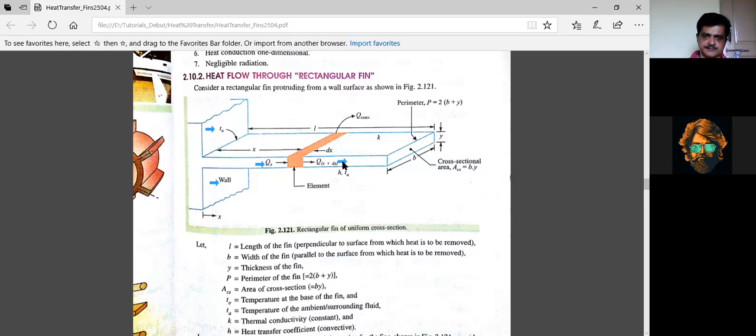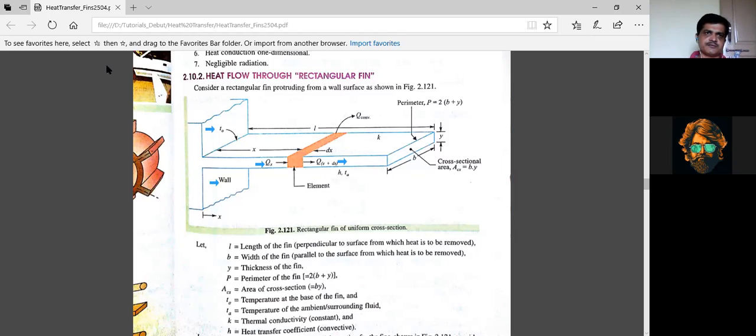Since this surface is exposed to the atmosphere, heat also dissipates through convection. Therefore, the heat is lost by conduction in the direction of x, and by convection to the atmosphere from the surface of that strip.